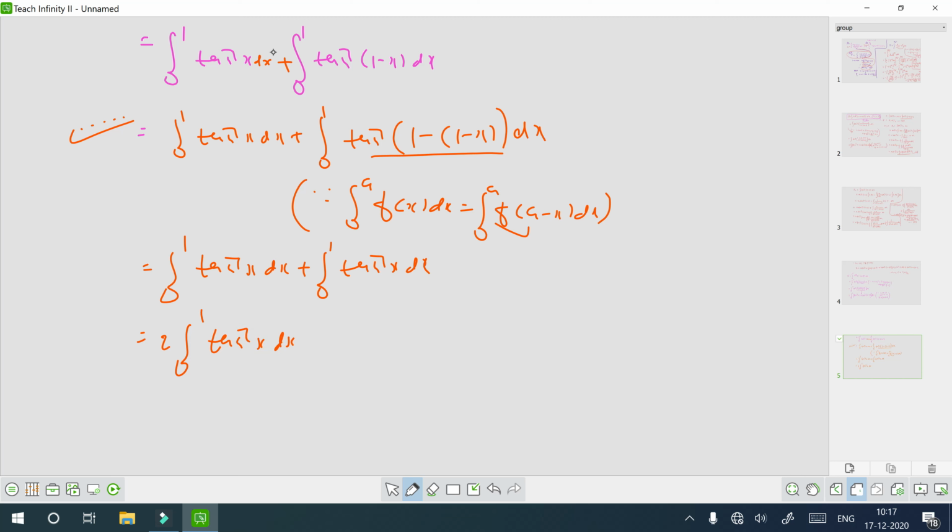Now it is easy. So integrate by parts. 2 into integral tan inverse x as it is, integral 1 dx, give limit 0 to 1. 2 as it is, 0 to 1, d by dx of tan inverse x, integral 1 dx, whole into dx.